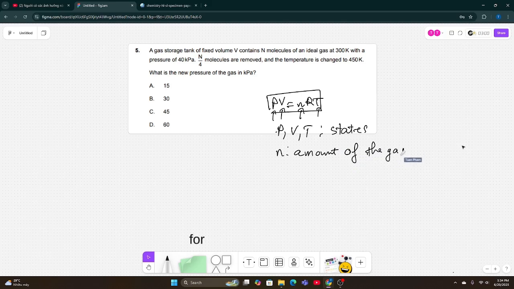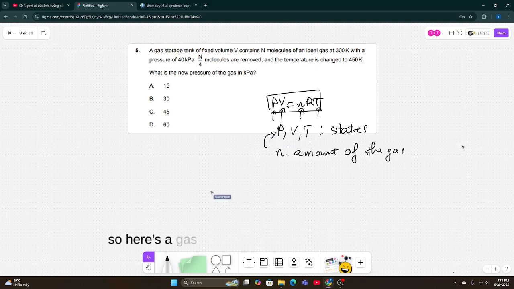For 99% of the questions, the amount of gas does not change. The examiner most of the time gives you problems that play around with P, V, and T. But except for this problem, so I'm going to go over with you how we can tackle this problem with the right approach to solve it.